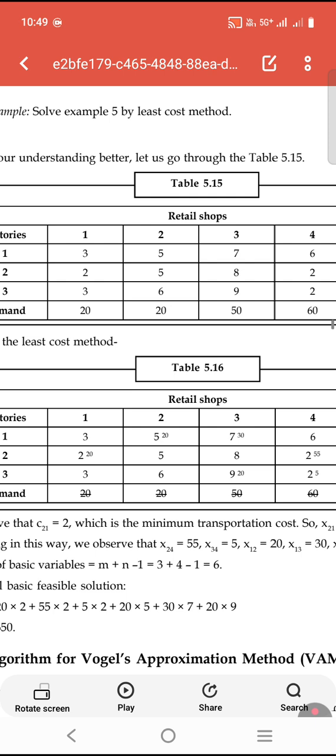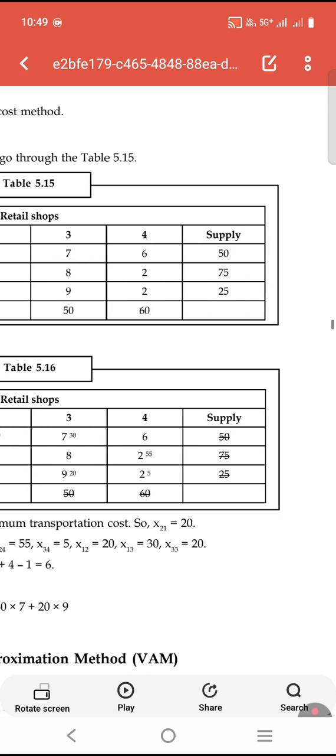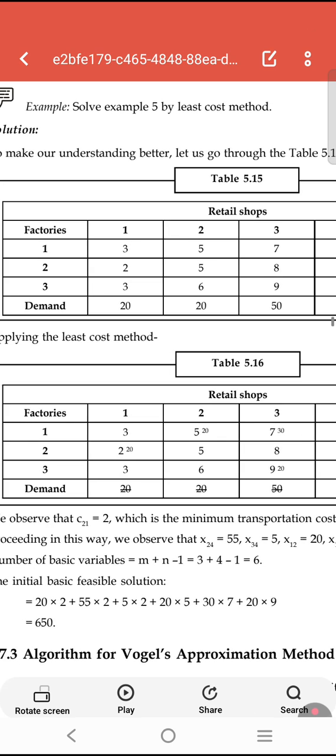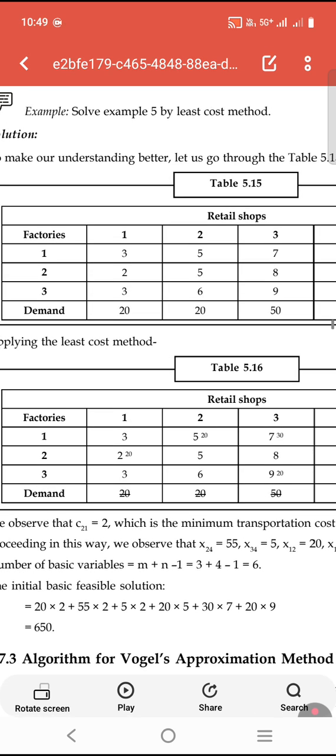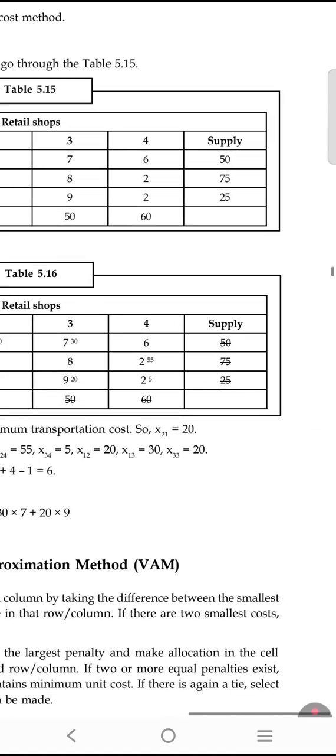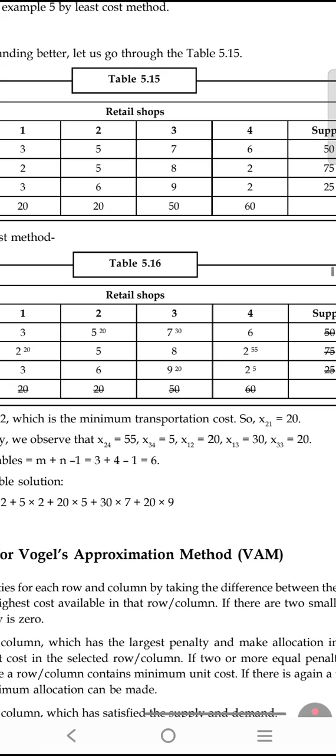Here supply is 75 and demand is 20. The minimum of supply and demand is 20. We allocate 20 in cell 21, cross out this column, and the remaining supply is 55.